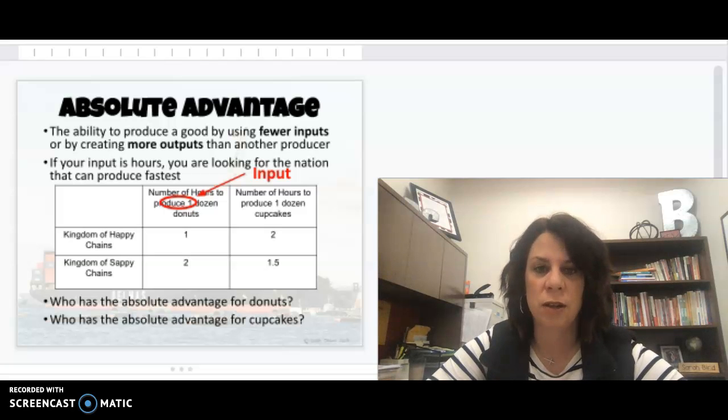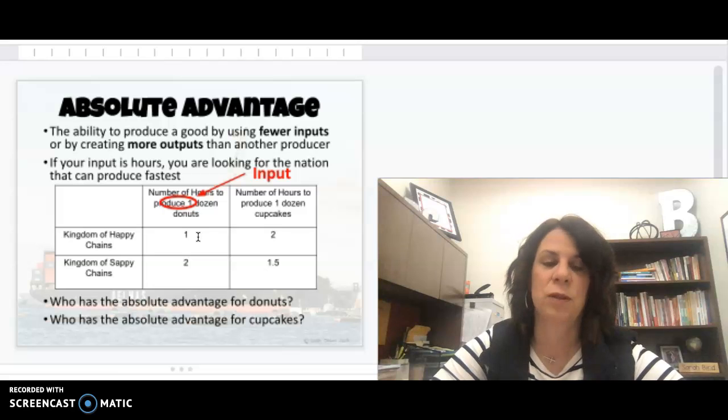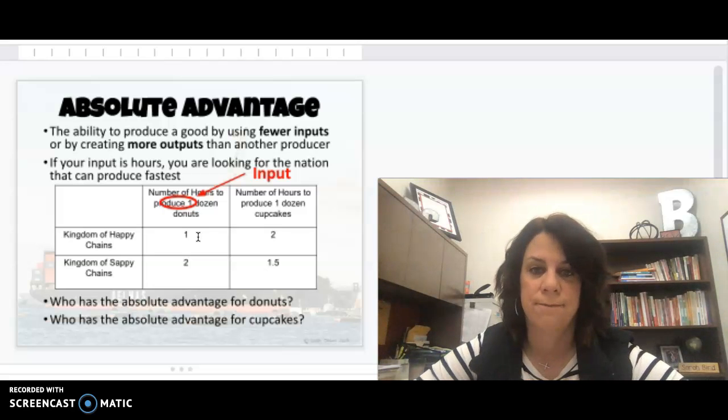So the particular chart that we have on the screen right now is actually input. What's remaining constant in the first column is 1 dozen donuts. So it's looking at the Kingdom of Happy Chains and Sappy Chains and saying, all right, how much time does it take you to produce 1 dozen donuts? This is an input good. And so Happy Chains can do it faster. So they have the absolute advantage in donuts.